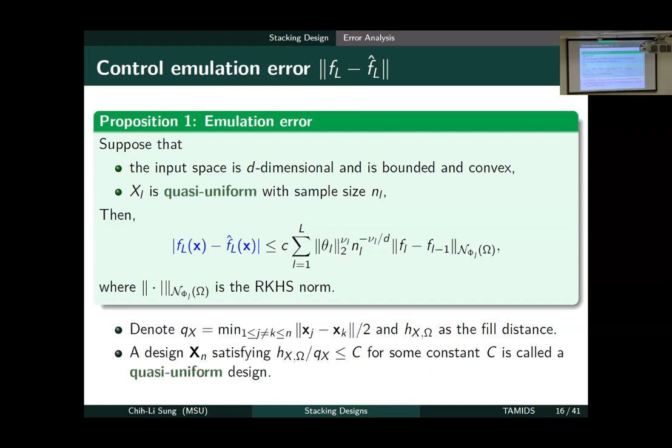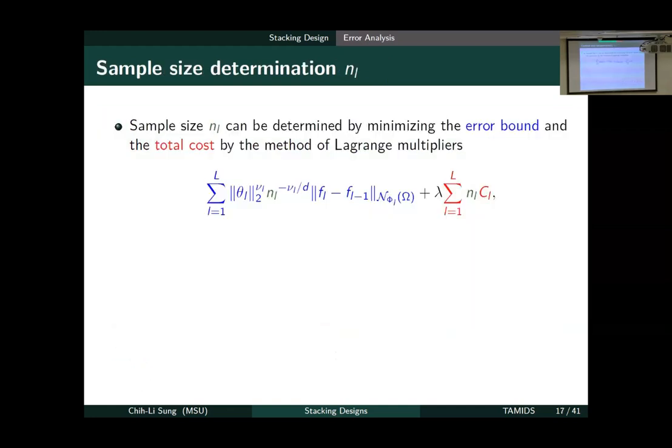Okay, so with this upper bound, we can actually determine the sample size because, of course, we want to make this emulation error as small as possible, so we can just minimize this upper bound and account for the computer cost. This term is the total cost of your simulations, right?